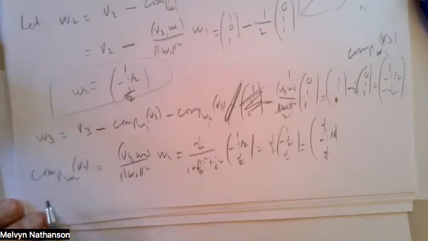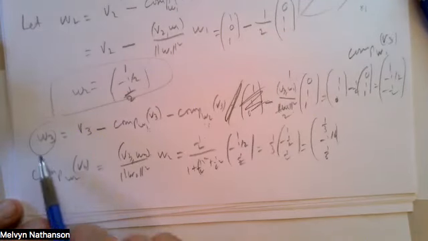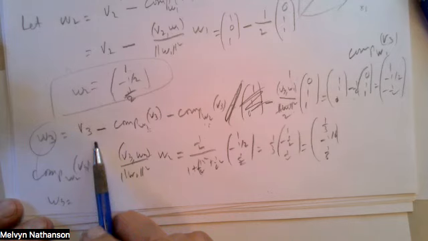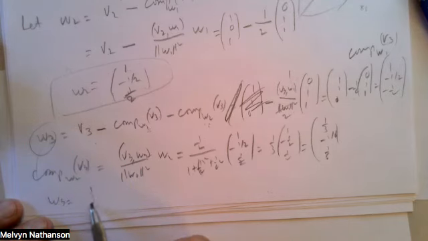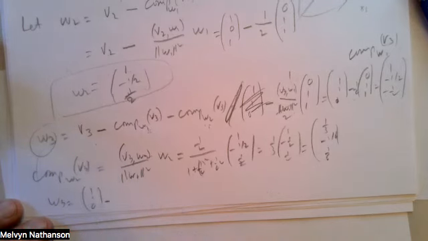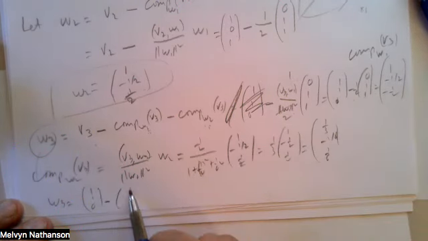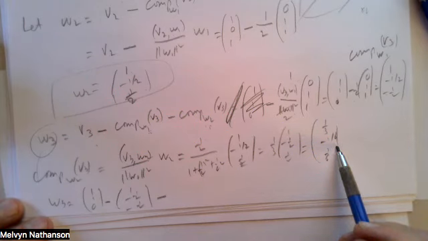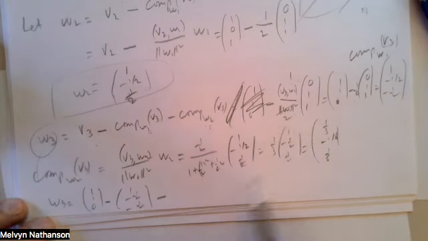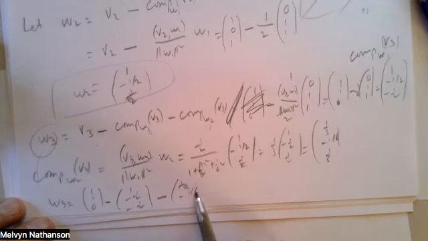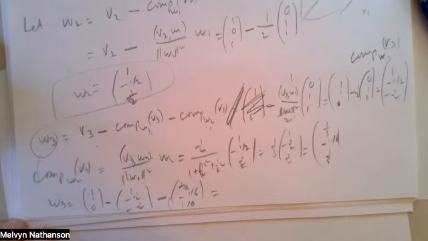So if I take W3, it is V3, 1, 1, 0, minus the component of V3 in the direction of W1, which is 1 minus a half minus a half, minus the component of V3 in the direction of W2, which is 1/3 minus a 1/6, a 1/6.